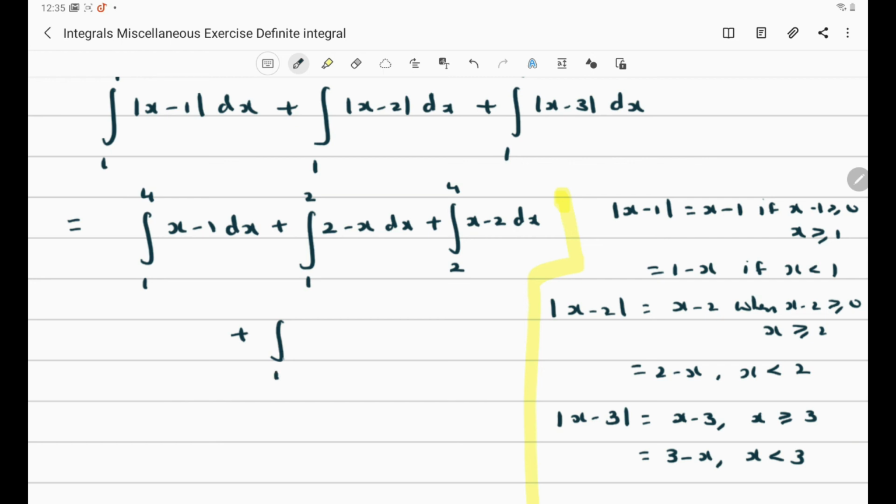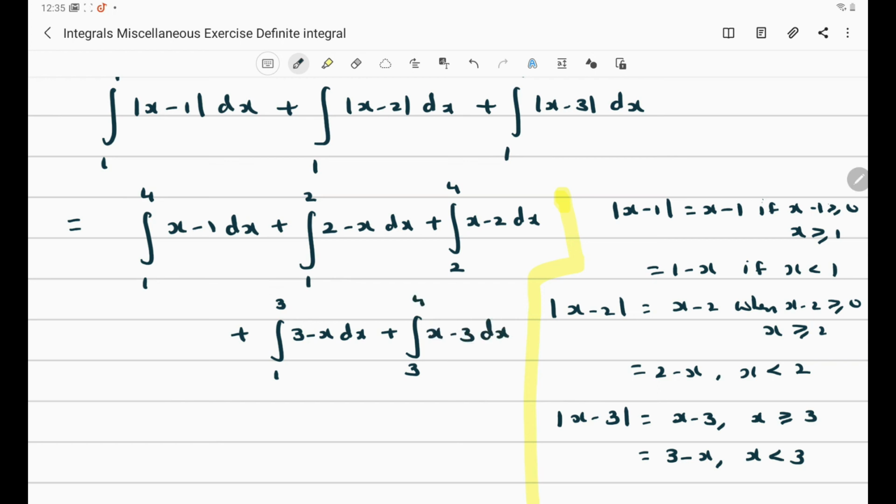So integral of 1 to 3, it is x minus modulus of x minus 3, that is 3 minus x dx, plus when it is more than 3, that is from 3 to 4, it is x minus 3 dx.